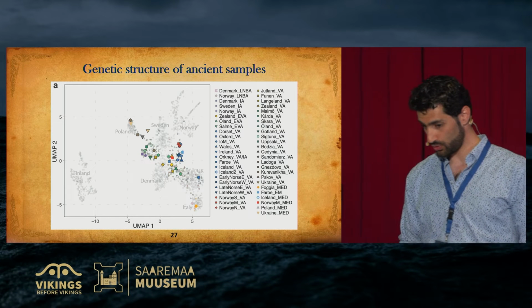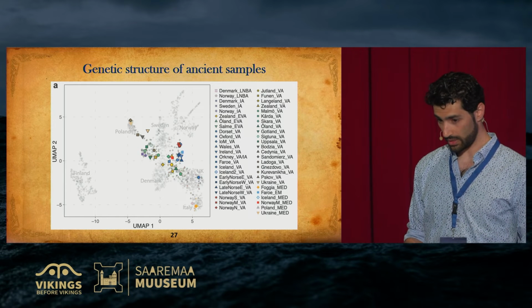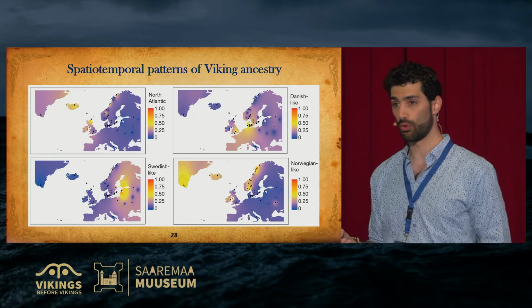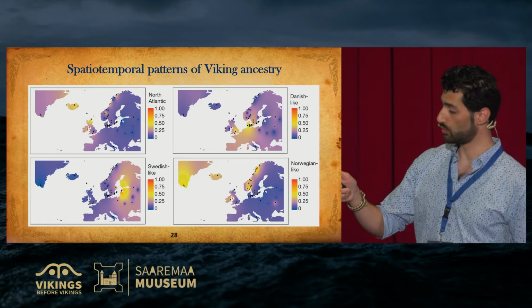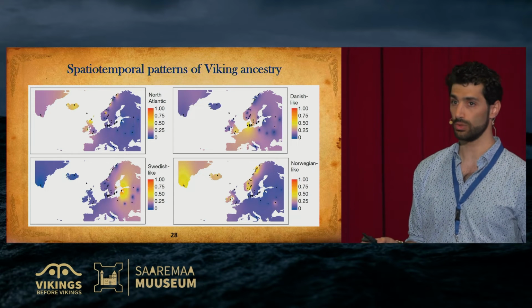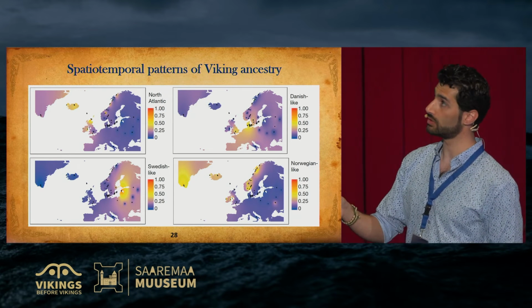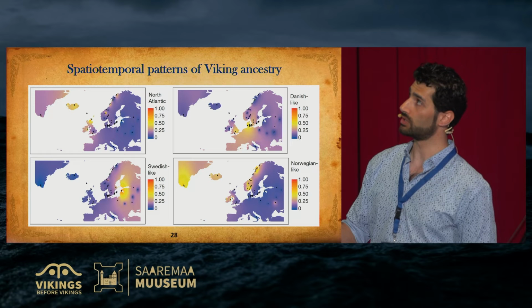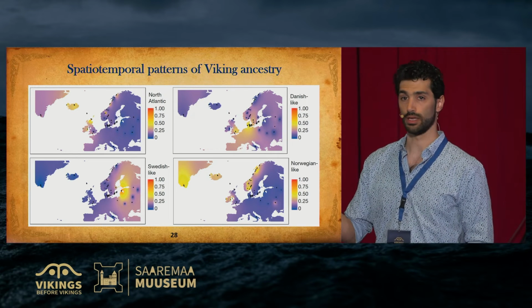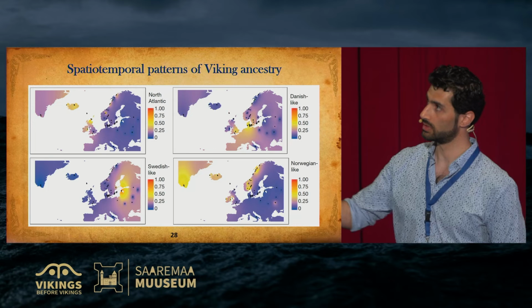Well, based on this new data, we could ask a few other questions. For example, where do we see these four ancestries in the Viking world: Scandinavian and North Atlantic? Meaning, for example, during the Viking Age, where do we see this North Atlantic genetic component? The North Atlantic is aka British component.